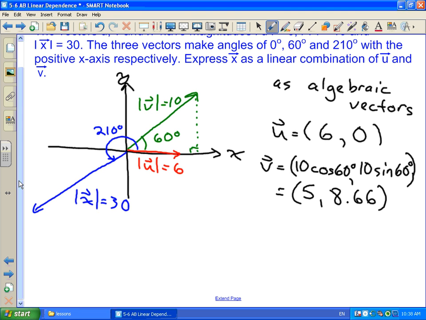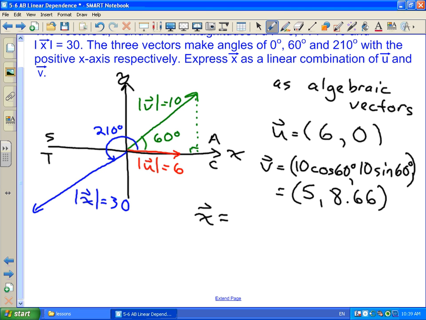We can do the same thing for vector x here. Now, V was pretty easy because it's located in quadrant 1. We've got to remember the CAST rule here. Well, actually, we don't have to worry about the CAST rule. We have to think about whether the ordered pair, the x and the y value, are going to be positive or negative.